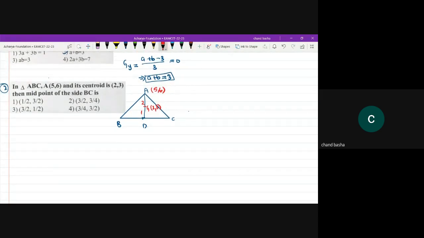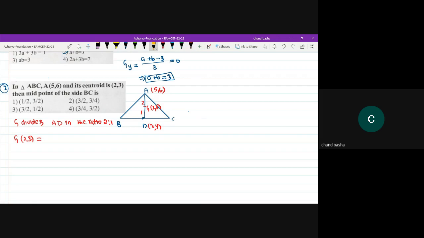Got it. So G divides AD, where I take D as x comma y, in the ratio 2:1. For each median, it is dividing in the ratio 2:1. Make use of the section formula. G is already given as 2 comma 3, equal to mx2 plus nx1 divided by m plus n.